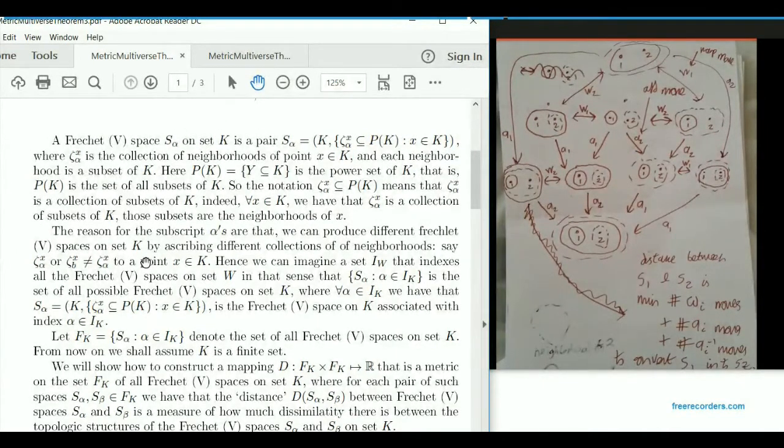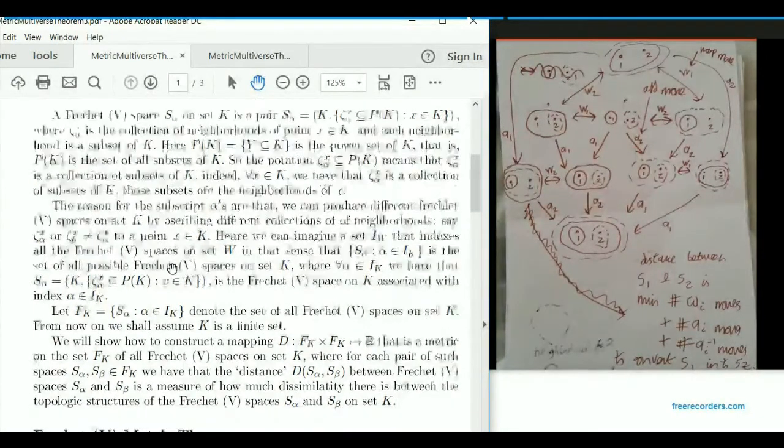So we can suppose that we have some index set I of K such that every Frechet V space that lives on K can be denoted by S alpha for some alpha belonging to this index set. In other words, the alphas just represent different neighbourhoods that we can have associated with things.